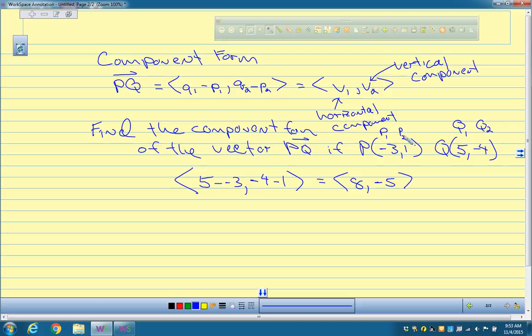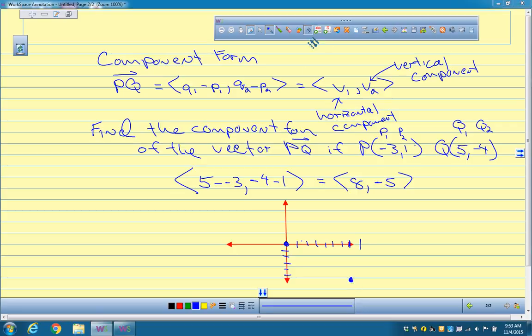And then if I wanted to graph that vector, I could graph the vector from negative 3, 1 to 5, negative 4, or I could put it in what is called standard position, okay? The way I graph something in standard position is starting at the origin. So if I were going to graph this vector in standard position, I would go over 8, 1, 2, 3, 4, 5, 6, 7, 8, and I'd go down 5, and I put a point there, okay?